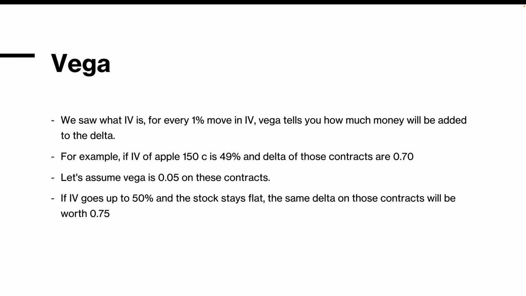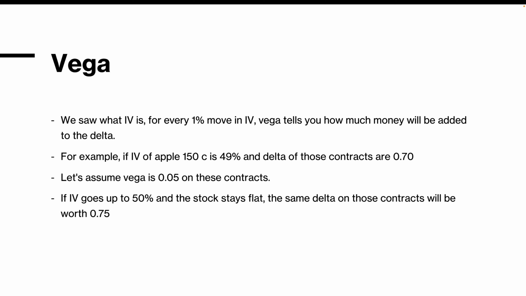That means for every single percent move in implied volatility, if IV goes up to 50%, the same contract you spent $150 on is now worth around $155, even if the stock is just trading flat. If the IV goes up to 51%, the Vega is going to add up, and the same contract is going to be worth $160.